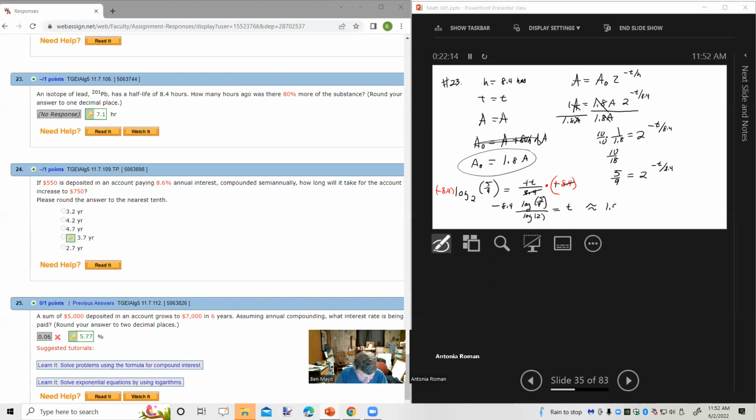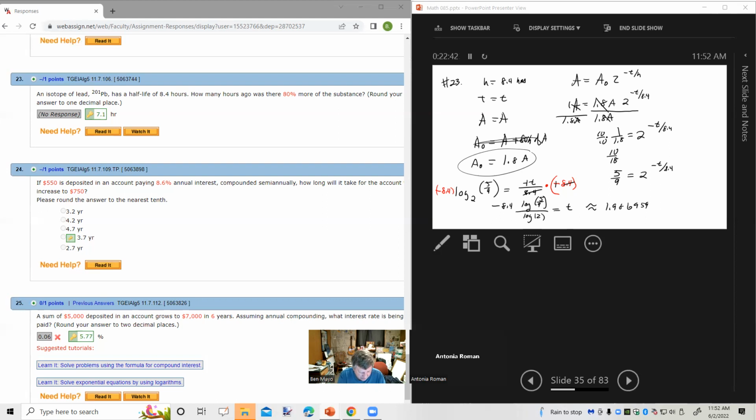And I get 1.9869959, round it to one decimal place. Hang on. I got 7.12317.